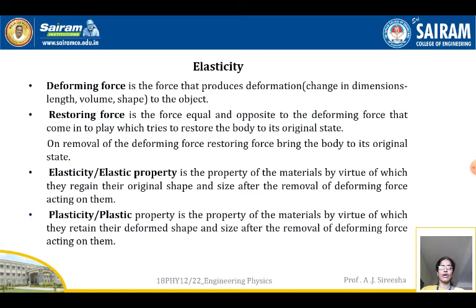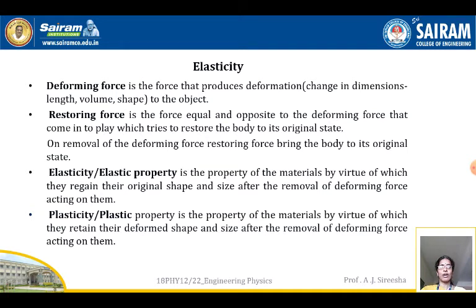Next is elasticity, or elastic property. It is the property of a material by virtue of which they regain their original shape and size after the removal of the deforming force that is acting on them. Now what is elasticity? Everybody knows. We see the rubber band. If we apply a force to both ends of the rubber band, it stretches. That means the length of the rubber band has been increased by the application of the force.